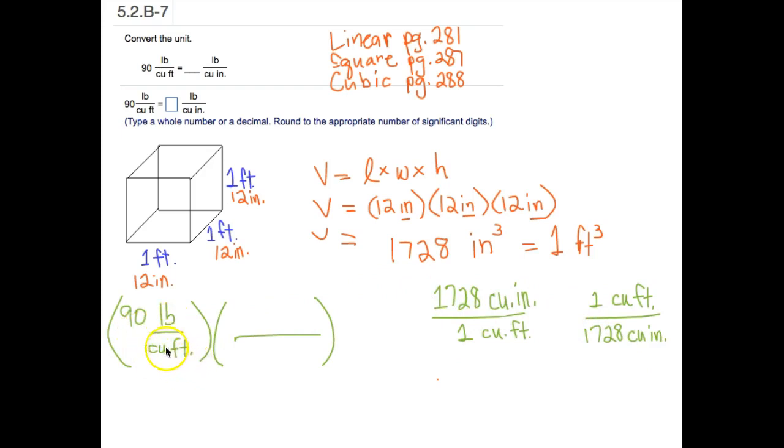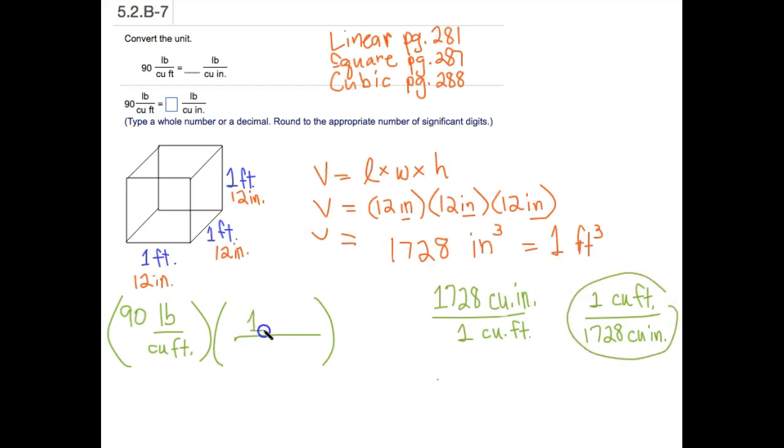And our goal is to convert cubic feet to cubic inches. And so we want to cancel out cubic feet. So that would mean, because we have cubic feet in the denominator already, that we want to go over here and choose the fraction that has cubic feet in the numerator, which would be this version of that fraction.